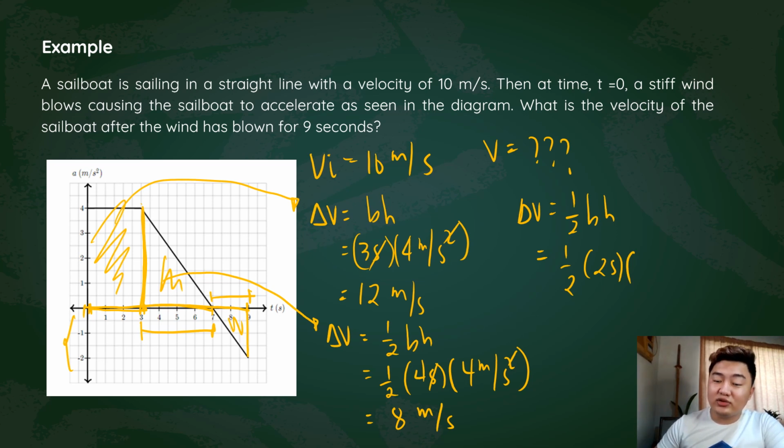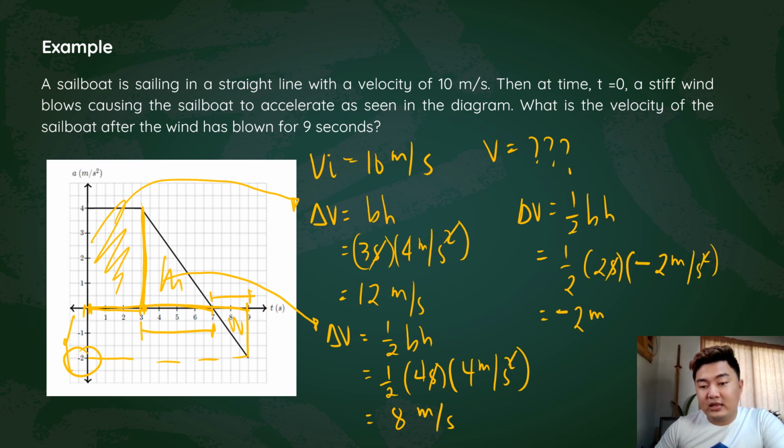Therefore, we should also input negative 2 meters per second squared. Thus, it's negative, as you can see here. So that will give us 1/2 times 2 is 1 times negative 2. Then that is negative 2 meters per second. So those are our changes in velocity.